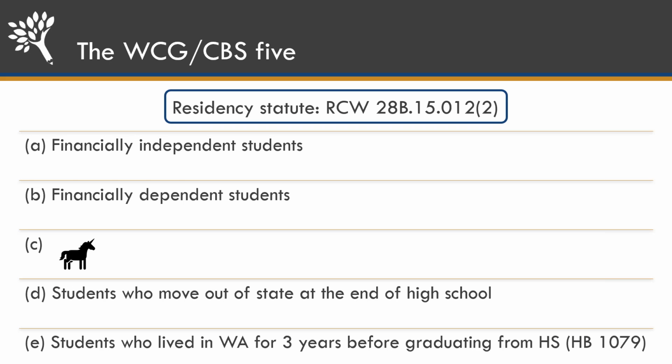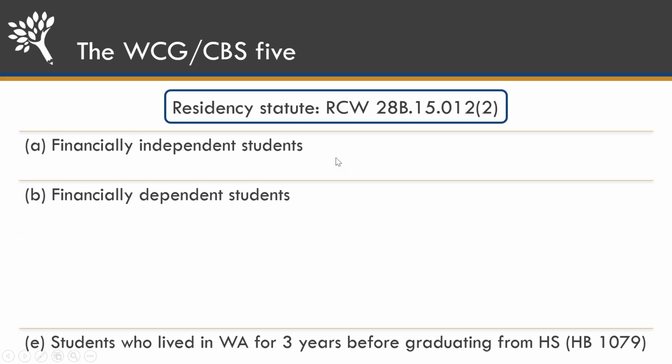So I'm going to be talking more about how this law supports undocumented students, but really it's open to anyone, and that includes U.S. citizens, permanent residents, and sometimes F visa students qualify for that, and I'll talk about that a little bit more. But really I just want to show you that these are the 3 out of these 5 that really are the most common that students use. And again, this is general.